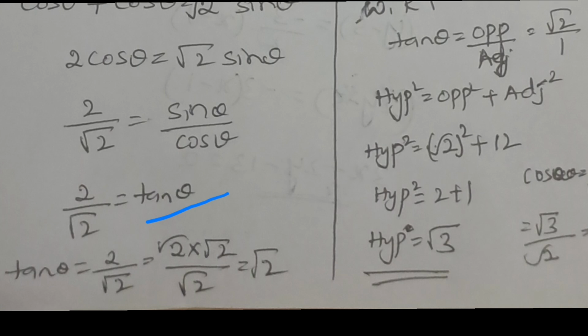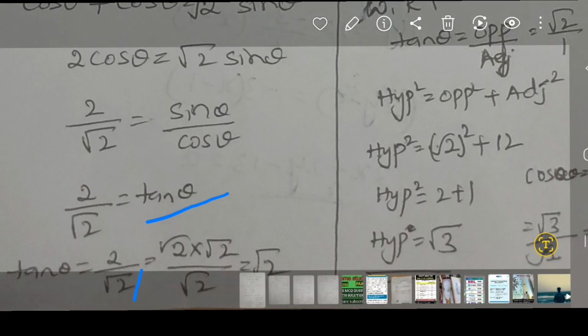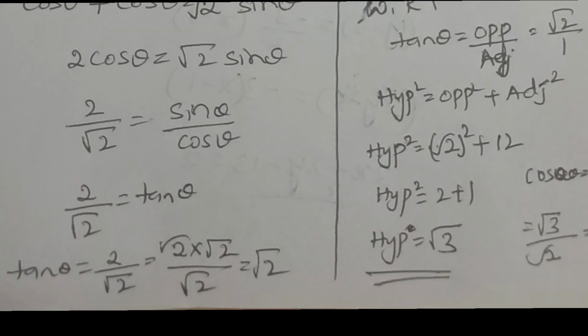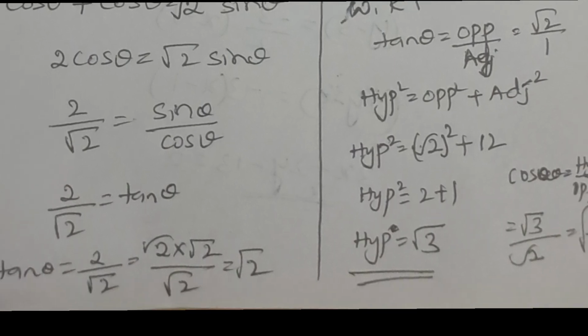So tan theta is equal to 2 by root 2. If you multiply, you can write 2 as root 2 into root 2 divided by root 2. Root 2 cancelled, root 2 cancelled. You will get root 2.